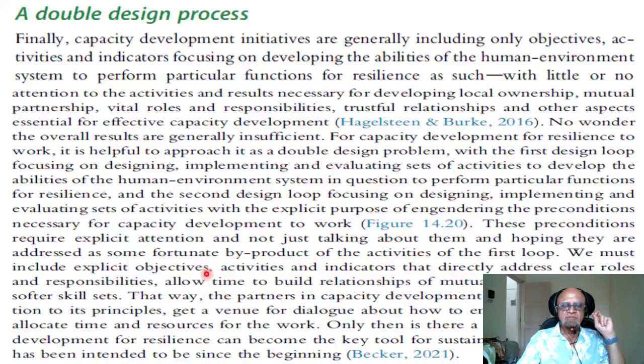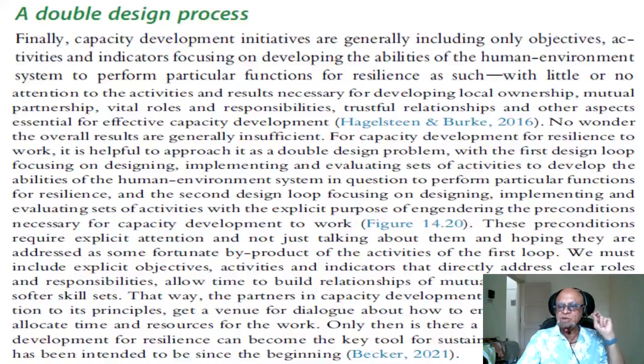We must include explicit objectives, activities, and indicators that directly address clear roles and responsibilities, allow time to build relationships of mutual trust, and develop the softer skills needed as well. That way, the partners in capacity development must pay real attention to its principles, get a venue for dialogue about how to ensure them, and must allocate time and resources for this work.